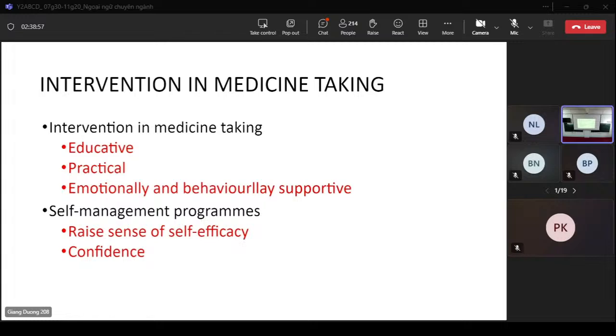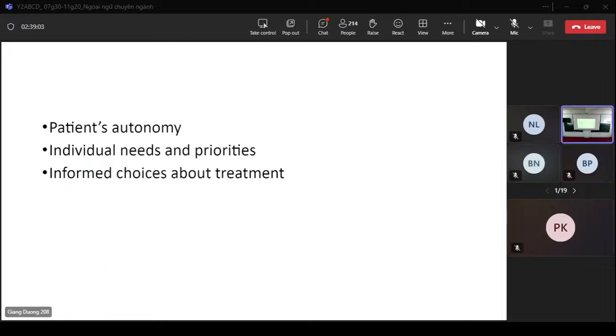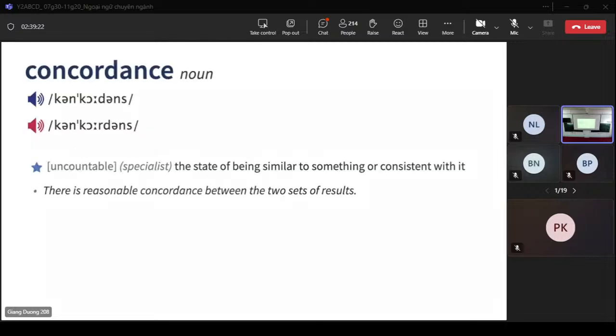Does the patients. Mình nghiêng về bệnh nhân ha. And we should pay attention to the patient's autonomy, what they can do for their health, individual needs and priority, informed choices about treatment. Informed means reasonable, tức là những cái lựa chọn hợp lý.